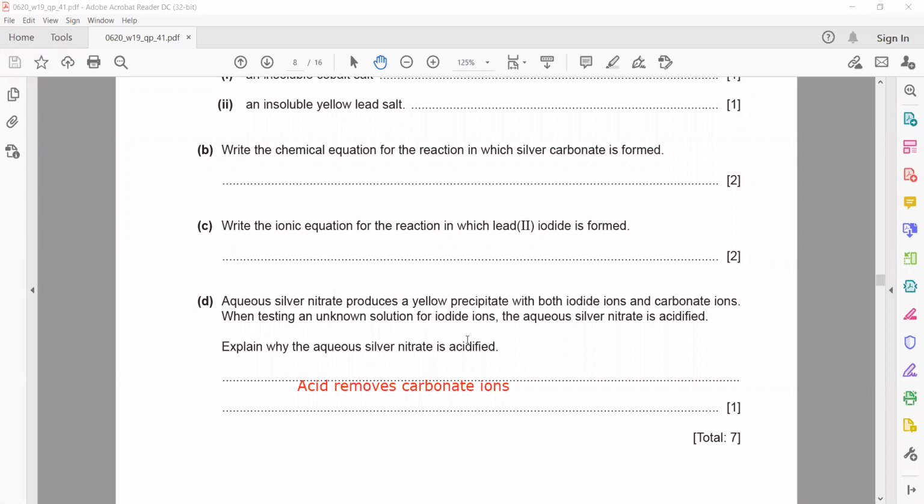It will give a salt and carbon dioxide. So the carbonate ion is removed and releases carbon dioxide. That's why we add this acid. With iodide, there is no reaction with acid. That's why it does not make any difference to iodide.